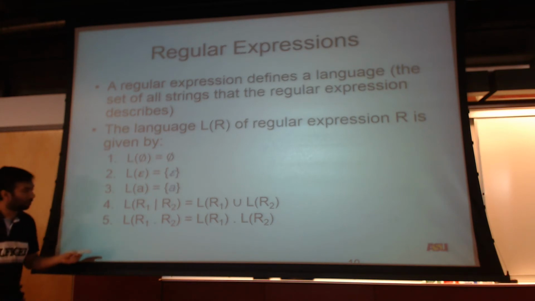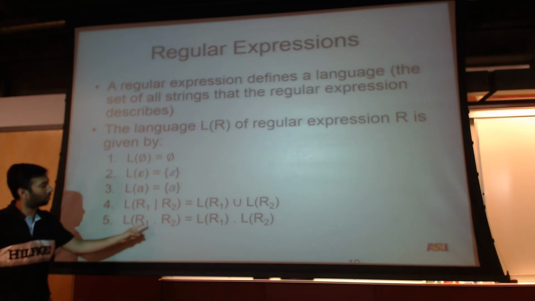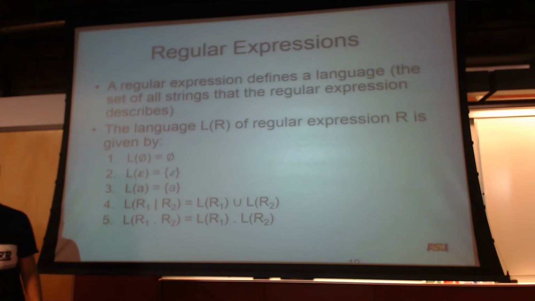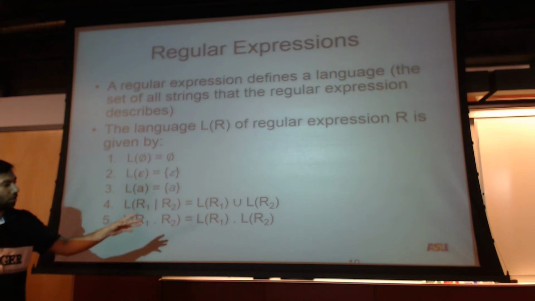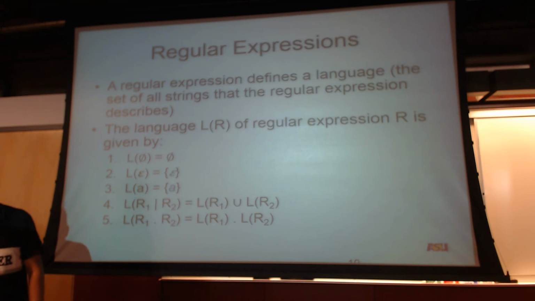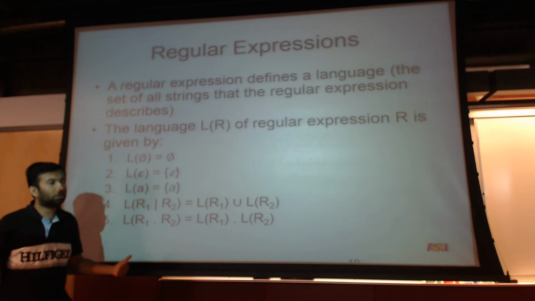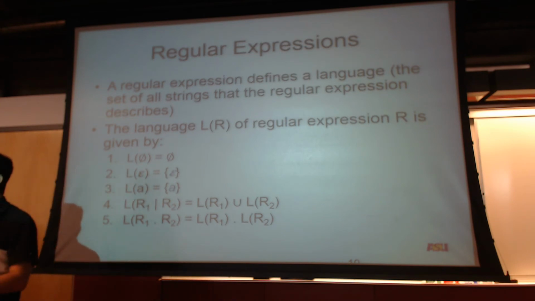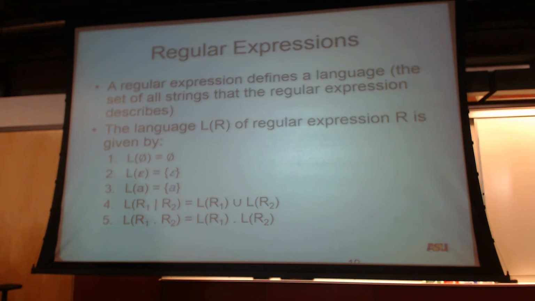Then we define the language of R1.R2. Again, first you compute the language of R1, which will be some set of strings. Then you compute the language of R2, which will be another set of strings. Then you take the concatenation of these two sets. How do you do concatenation of sets? That is a concept we will come to when we do examples.